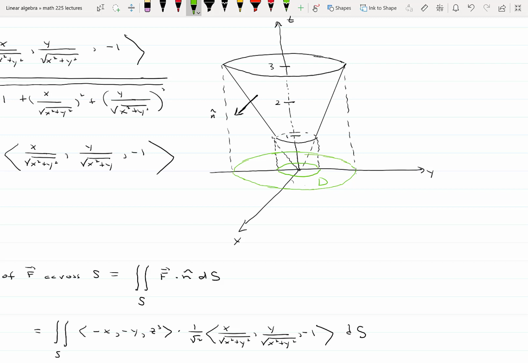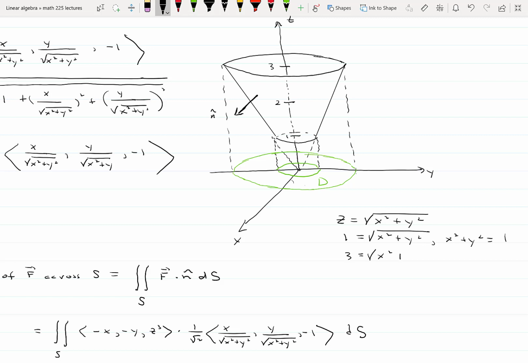So what are the limits on D? Well, the surface is z equals the square root of x squared plus y squared. Well, when z equals 1, I'm looking at the unit circle. So this says x squared plus y squared equals 1. That's the inner circle. What about when z equals 3?